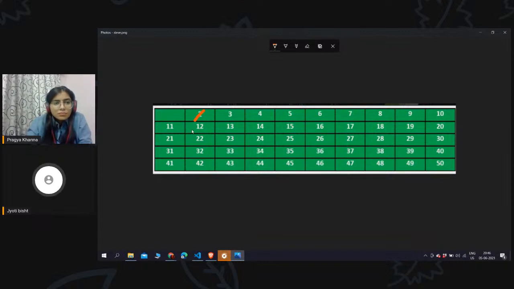Any number divisible by 2. I'm sorry if I marked 15 previously. I'm telling you that if 2 is a prime number, then multiples of 2 will not be prime, right?